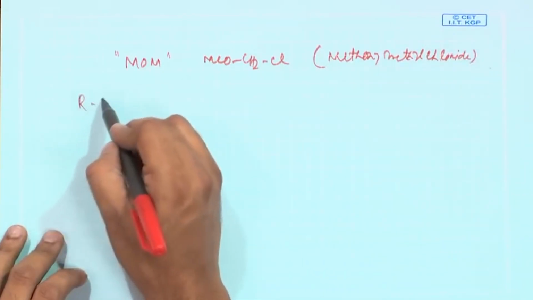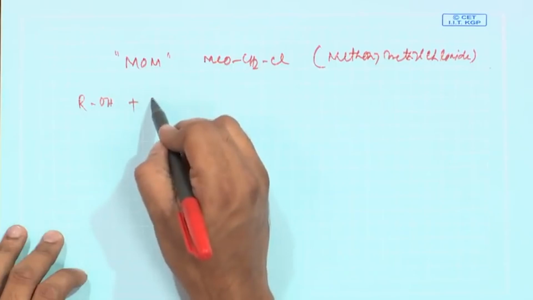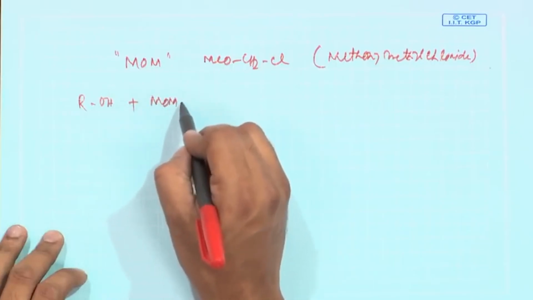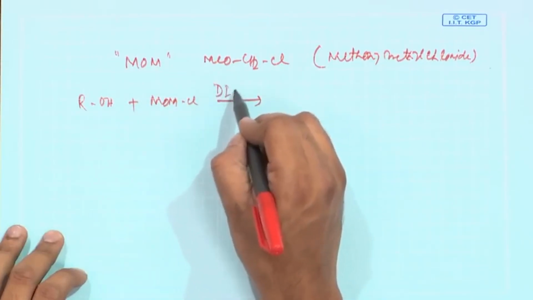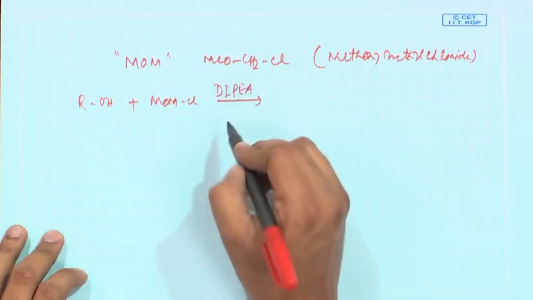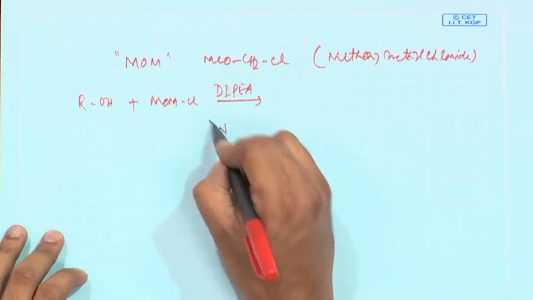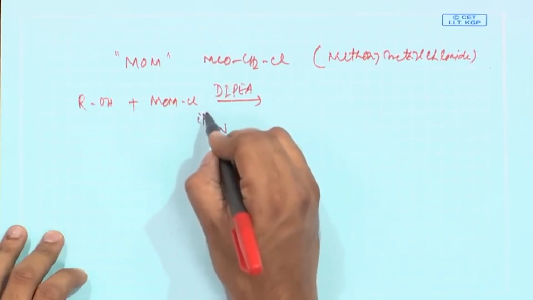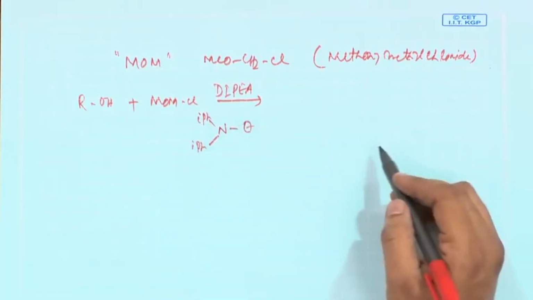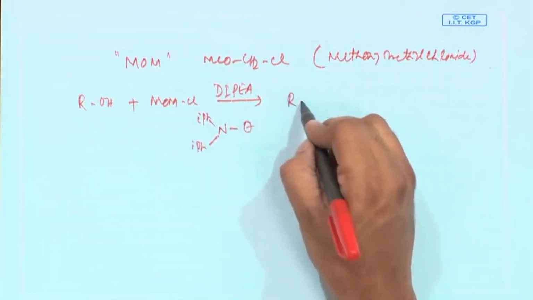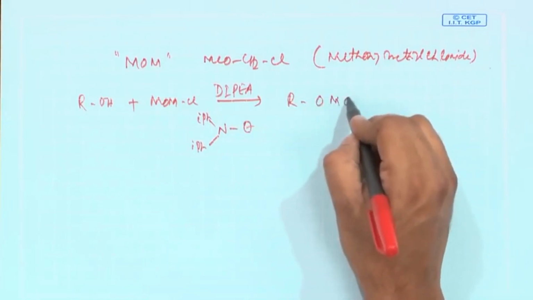You take the corresponding alcohol and react it with MOM chloride and a base, normally DIPEA, which is diisopropylethylamine, or Hunig's base, and get the corresponding MOM ether.